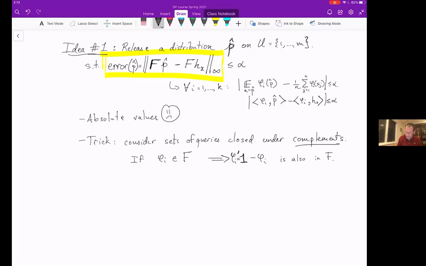It means that, for example, for thresholds, we would add queries of the following form: queries that are 0 if x is less than or equal to I, and 1 if x is greater than I. Okay, so our matrix would get bigger.